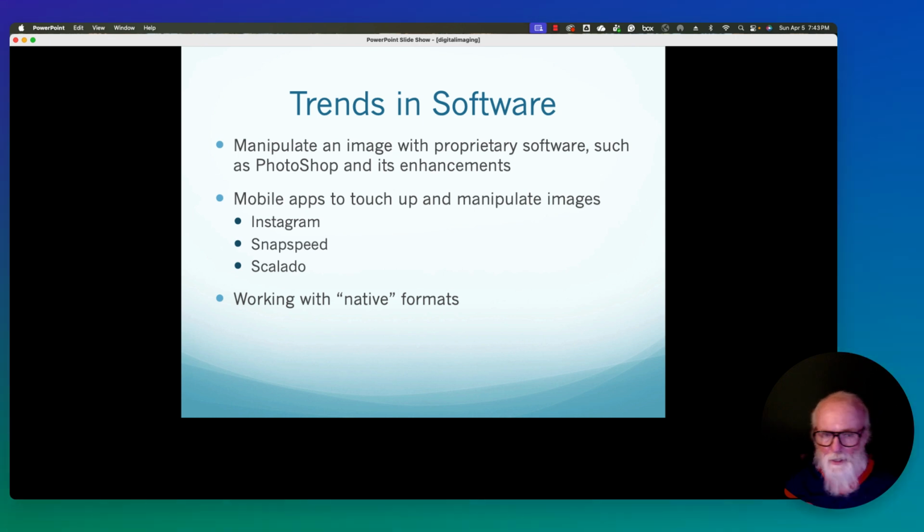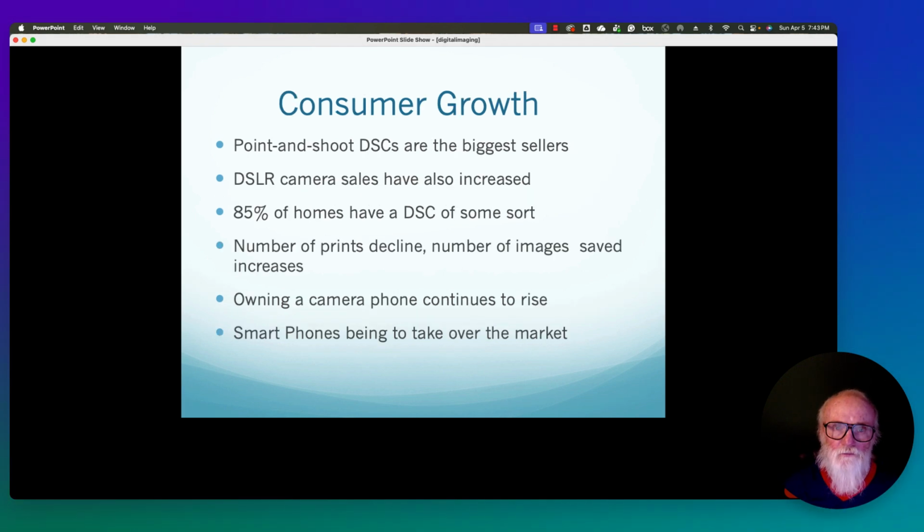Instagram, Snapseed, Scalado, there are others that will let you manipulate or distort your images right there on your phone. That's a trend in the software. The software is just being built right into your phone. Okay? And so you're working with what they call native formats, which is the original picture. And then you can do things with that original picture.